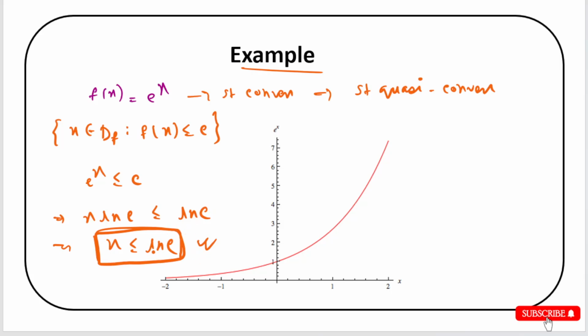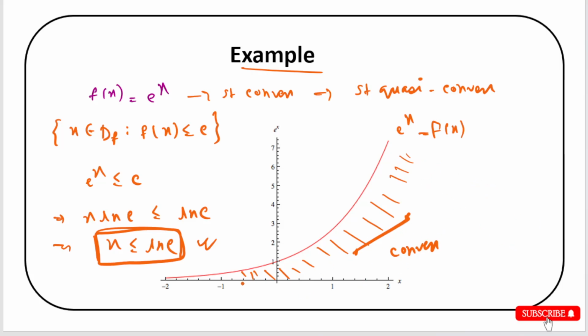So in this particular set, you will see that the lower contour set means it is this portion, right? This is f(x) equals e to the power x. So this is the lower contour set, or the lower level set, whatever you want to call it. This set will always be a convex set, because if you join any 2 points with a line segment, it will be entirely in this set.